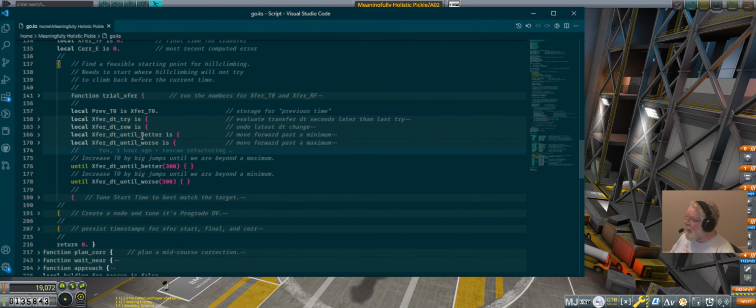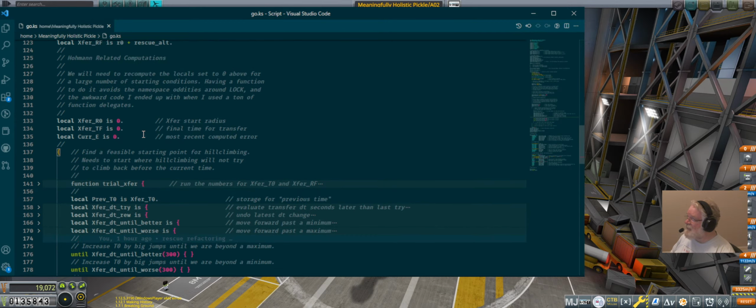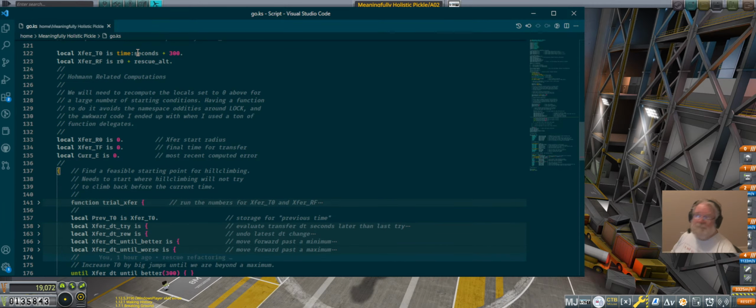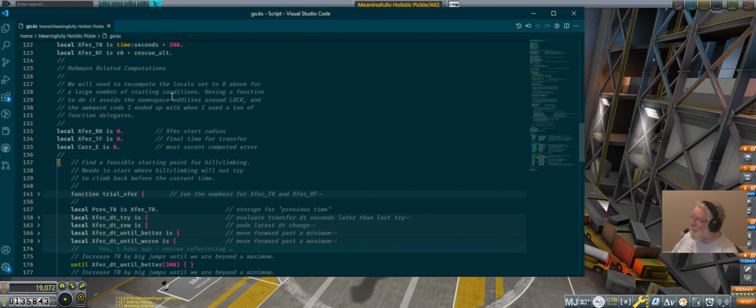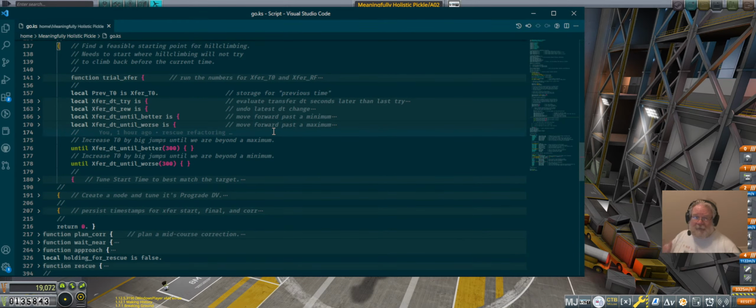So our initial guess is start transferring in 5 minutes to the rescue altitude. Well, we're going to hill climb this, which means it's going to look at where we are, and it's going to say, I'm going to bump my time one way or the other. Which way makes things better? Well, what if making things better is reducing the time, bringing it into the past?